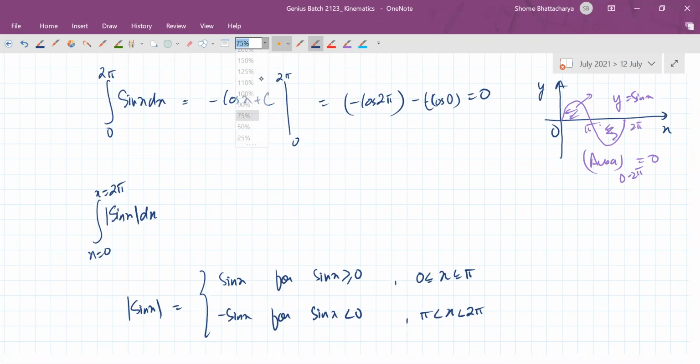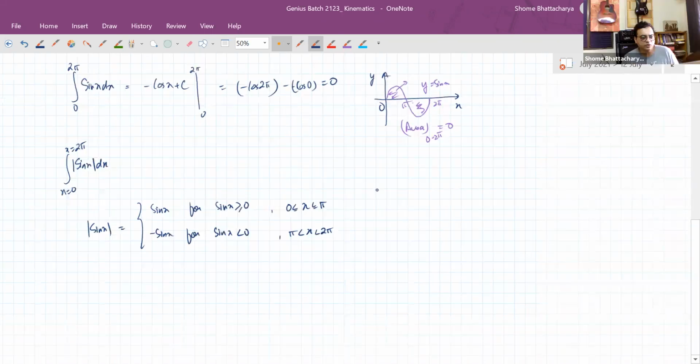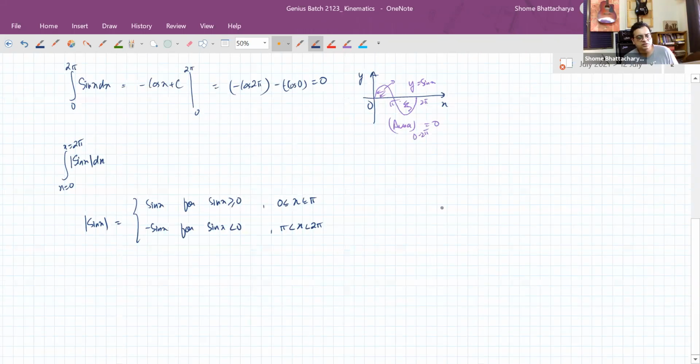Okay. So now I can also understand in terms of graph what happens. If this is the graph of sin x, how will the graph of minus sin x look? The graph of minus sin x is this. This is y is equal to minus sin x, and this is y equal to sin x.